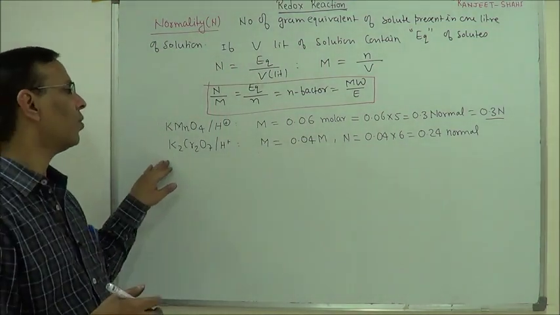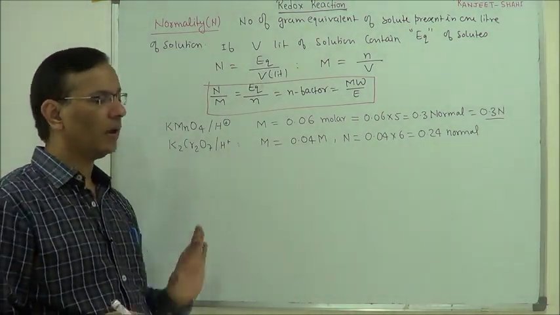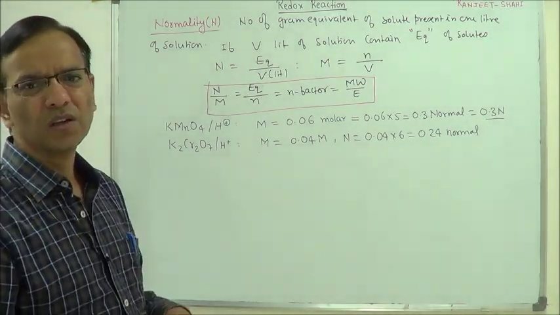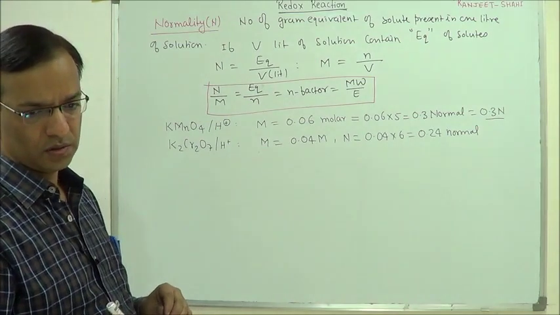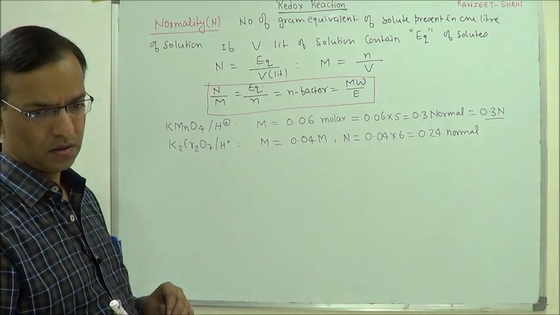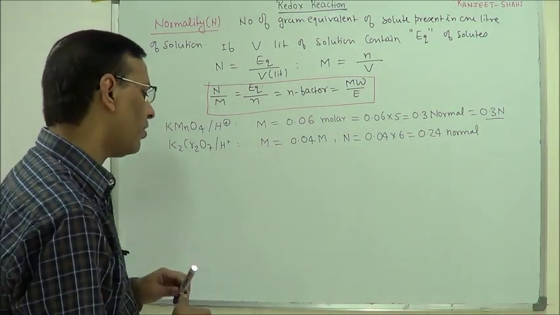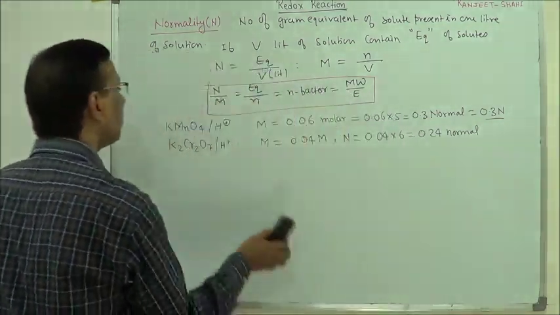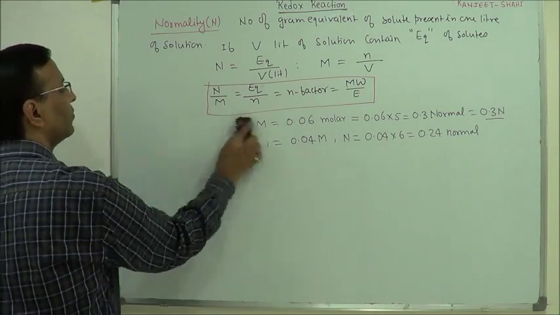So if molarity is known, normality can be known. Why are we converting this molarity into normality? That is very straightforward to understand.